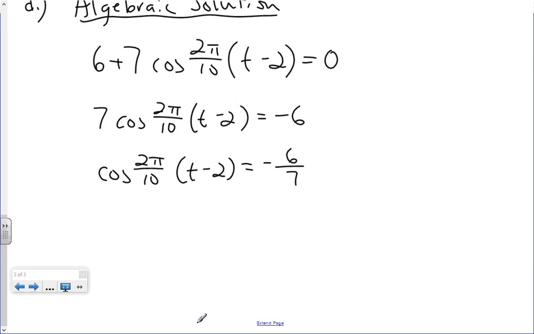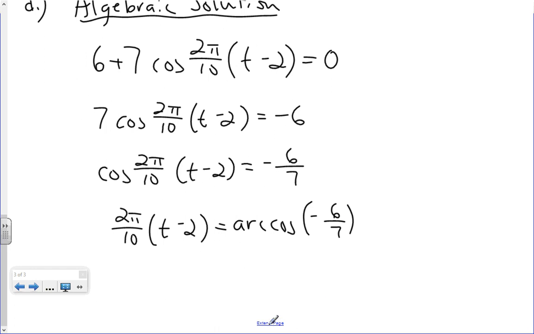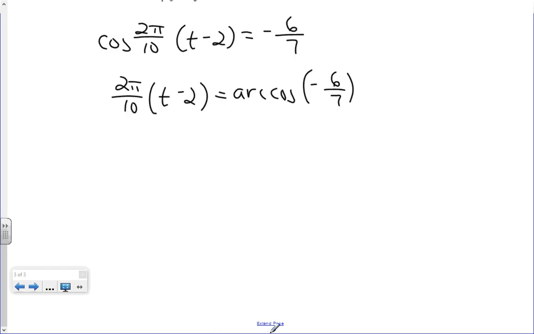Use the arc cosine to rewrite this as 2 pi over 10 times t minus 2 is equal to the arc cosine of a negative 6/7. Multiply by the reciprocal there, so you have t minus 2 is equal to 10 over 2 pi times the arc cosine of a negative 6/7.